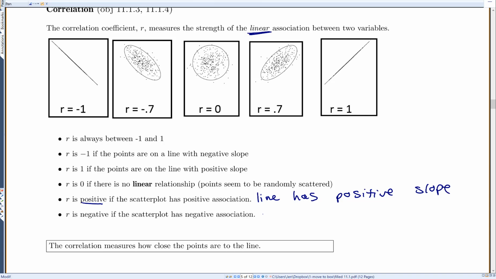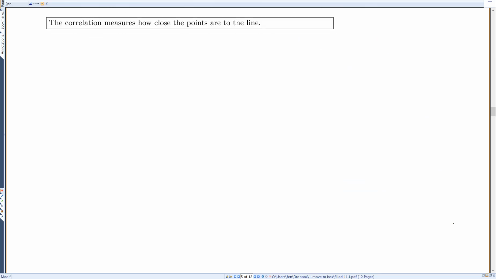But if you want to just draw on the line by eye, r will be negative, or the correlation will be negative, if you have a negative association, so the line has a negative slope. And correlation then, it just measures how close the points are to a line.